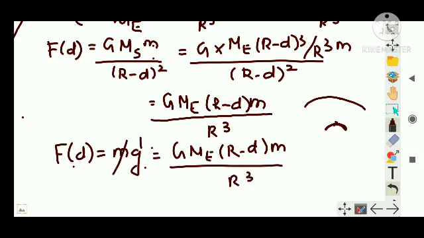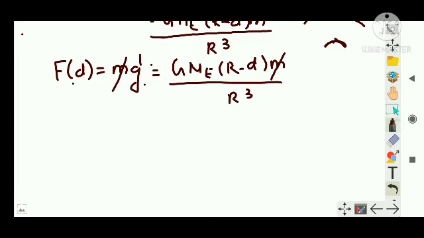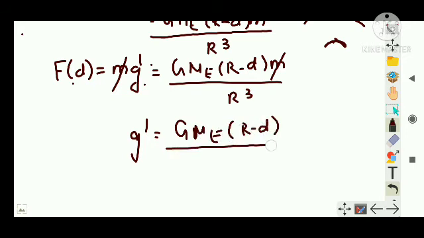So I can cancel this m. So I get an expression for g dash as g dash is equal to G Me (r minus d) divided by r cube, right? Now what is G Me by r cube?